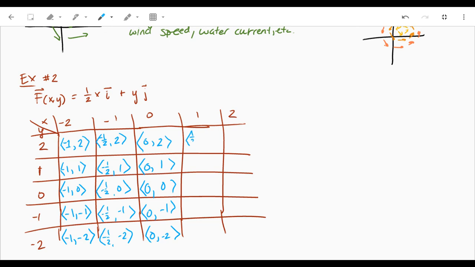And then 1/2, and then the y's. And almost done. Now I'm going to have 1, and then the y's. Okay, so now there's my table of values.